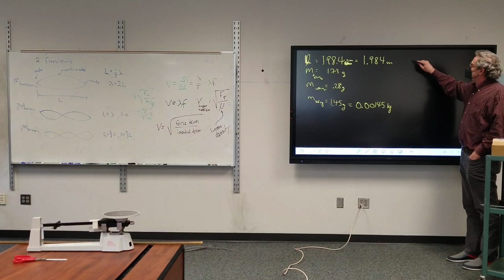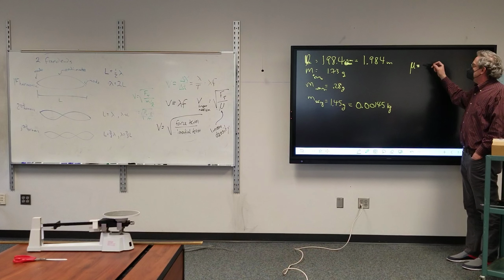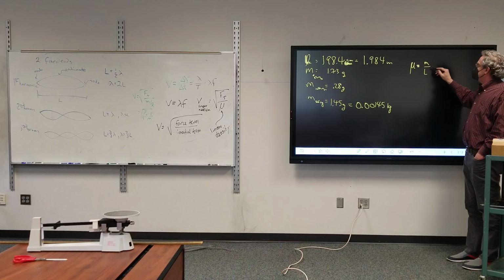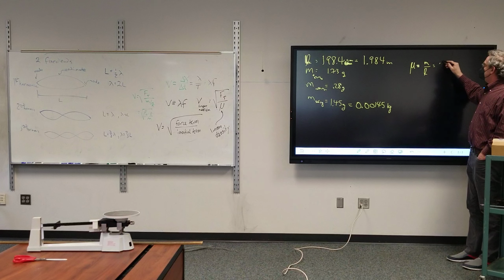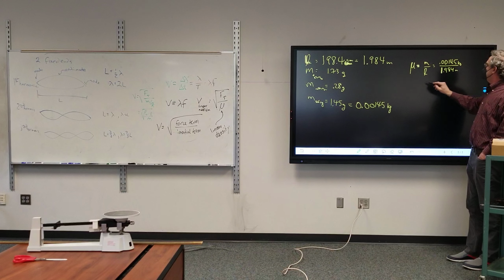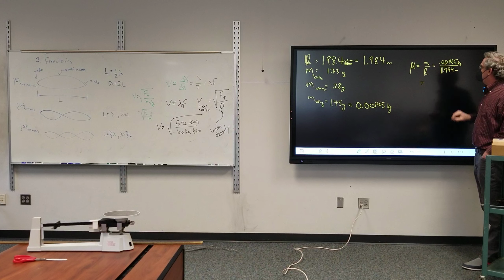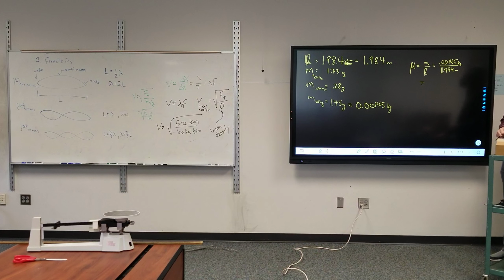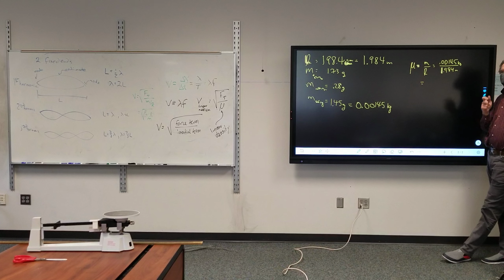And so therefore, the linear density of this string is the mass divided by length, which is 0.00145 divided by 1.984, and that's kilograms, and that's meters. 0.00073 058.